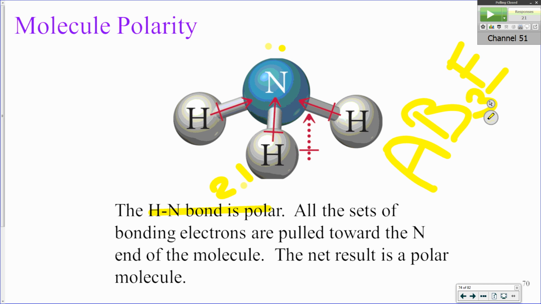Fluorine's 4, oxygen is 3.53, so the electronegativity for nitrogen is 3. So you're going to have a dipole moment for every bond going towards the nitrogen atom. But now when we start to add them together, the outward components all cancel. If I look at this from the top, the only thing that doesn't cancel out is there's a net dipole moment going up. The result is that ammonia is a polar molecule.